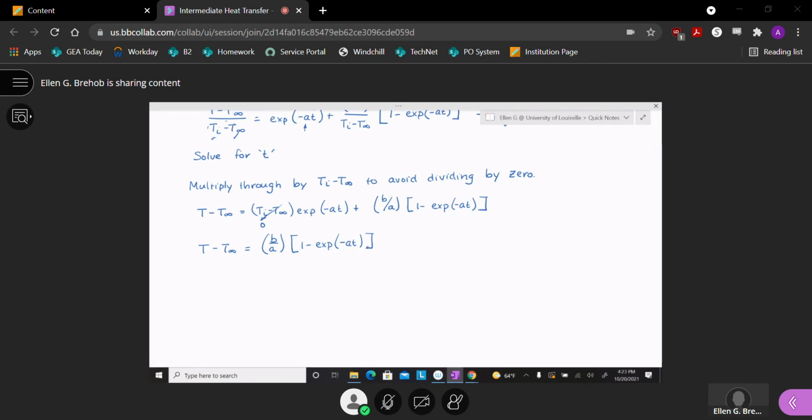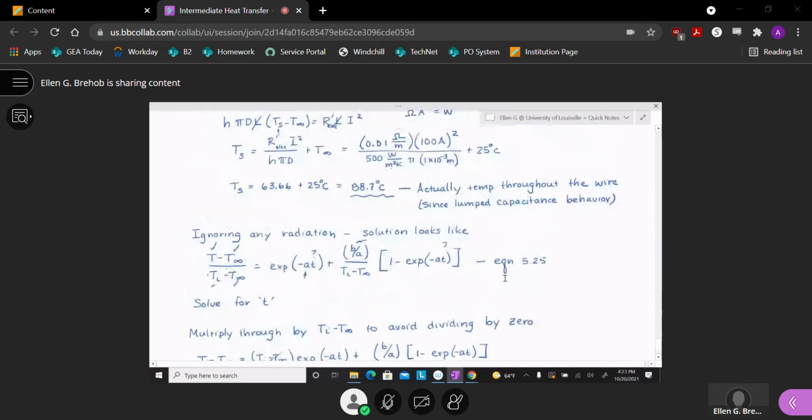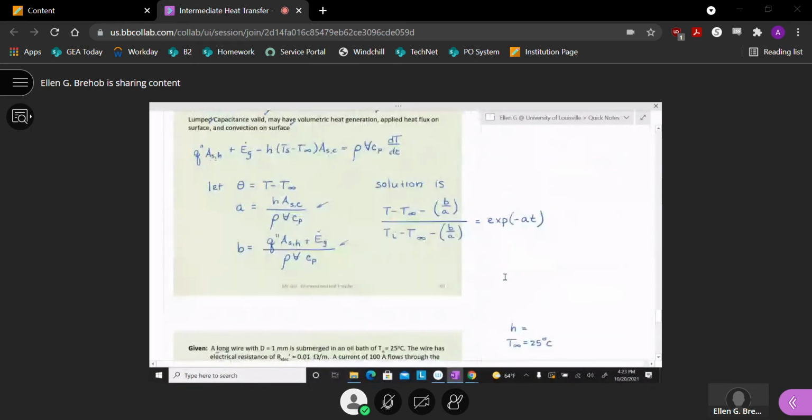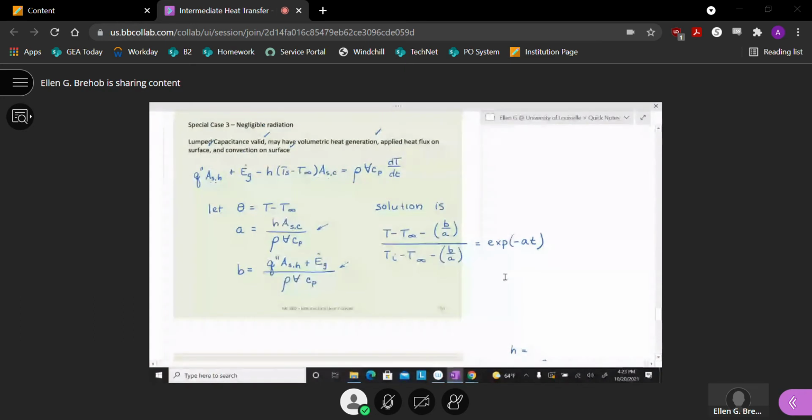I did a side calculation to come up with the values for A and B, rather than substituting all of those things in. And in the slide we looked at, we're using these definitions for A and B. And for our particular problem, oh yeah, we had no heat flux, so that Q double prime term is gone.